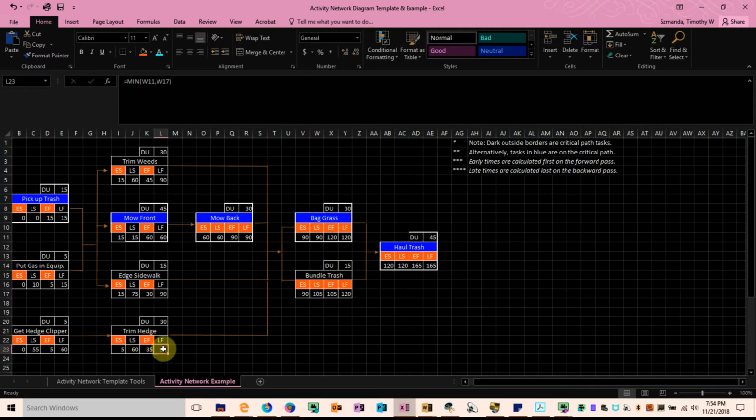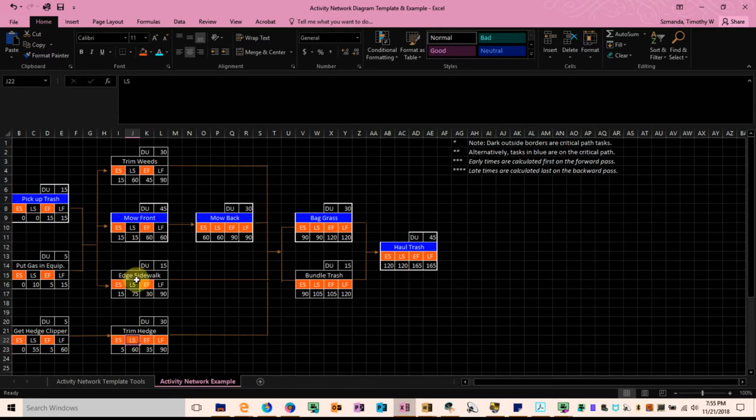So our latest finish for the trimming the hedge activity is 90 minutes. The latest start would then be 90 minutes latest finish minus the duration of 30, which gives us 60 minutes as the latest start for trimming the hedge.